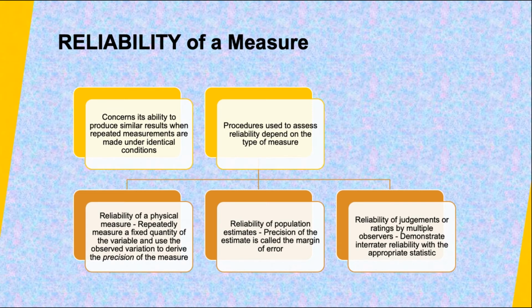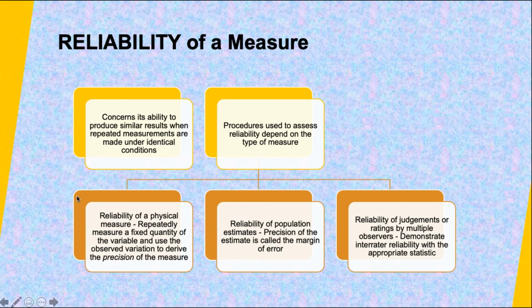For example, the precision of weighing produced by a given bathroom scale may be reported as plus or minus 1.2 pounds. A more precise measurement has a smaller range of variation.